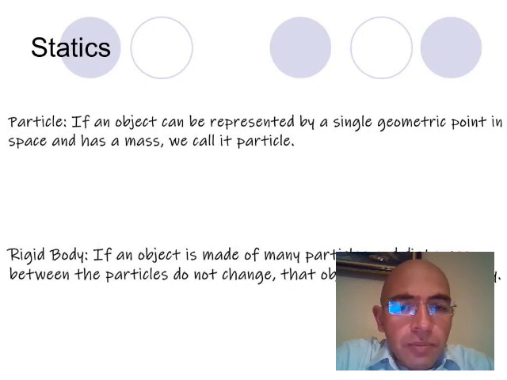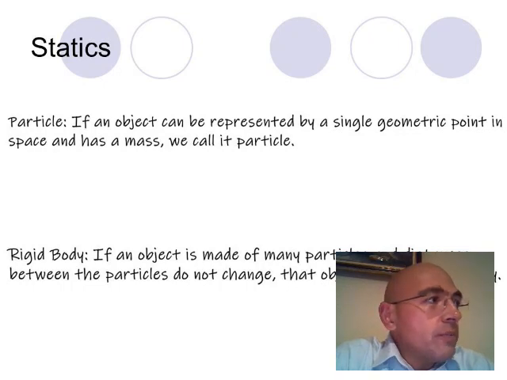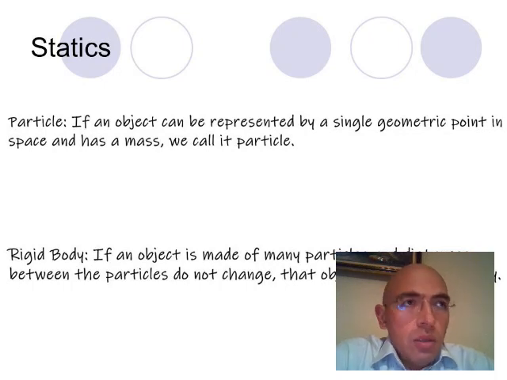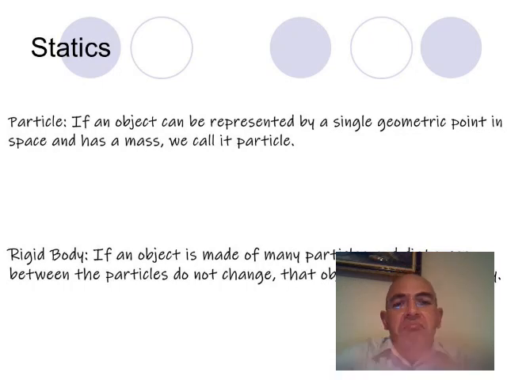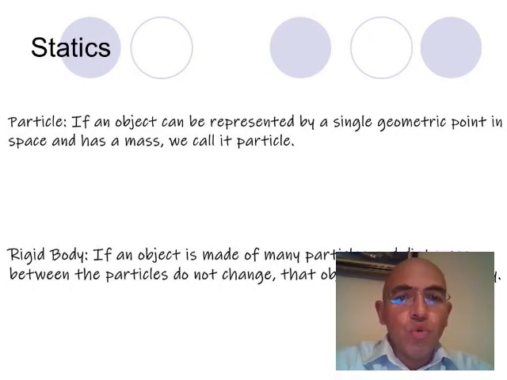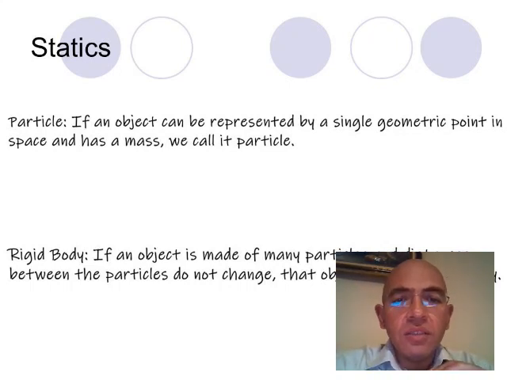For example, an atom in a room can be considered as a particle, a single atom. Or let's say a steel ball in a very large room or in a conference hall can be considered as a particle.